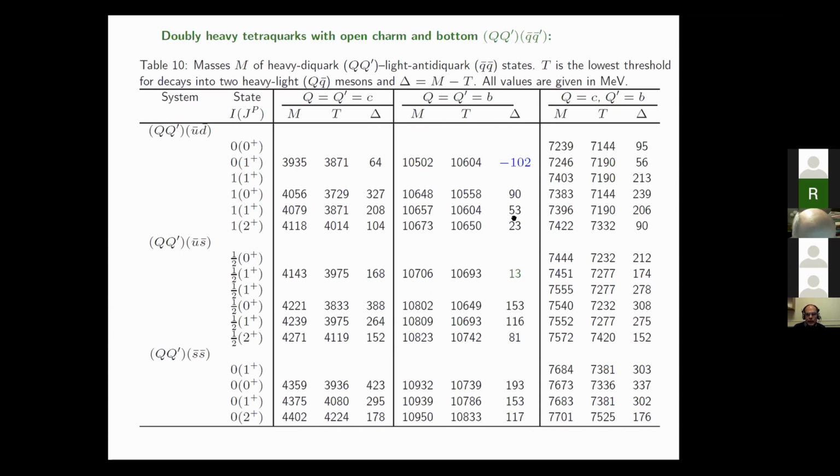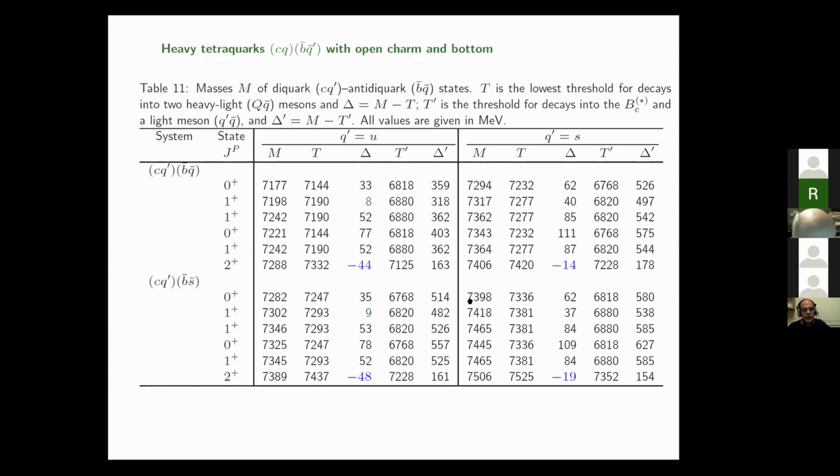However, for the states where delta is rather small, the corresponding state can be observed as a resonance, since their decay due to rearrangement will be suppressed kinematically by the phase space.